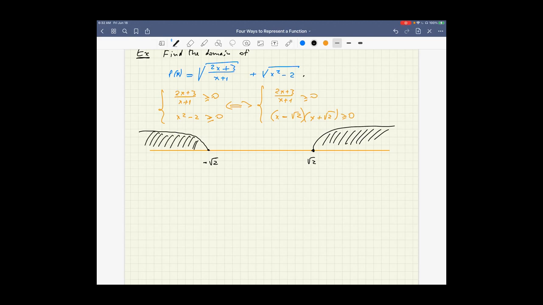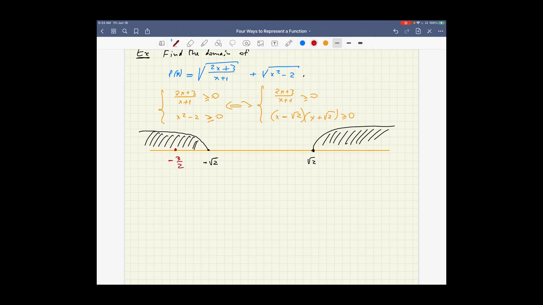And now we also need to find the roots related to this fraction, negative 1 and negative 3/2. Negative 3/2 is here, and it could be included.